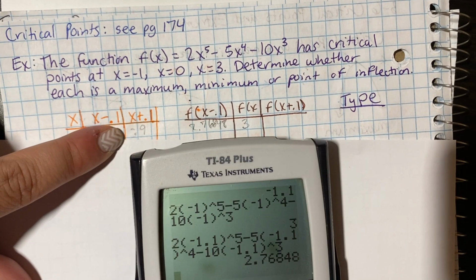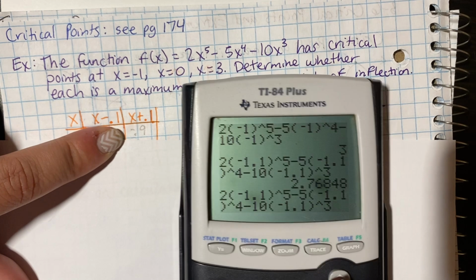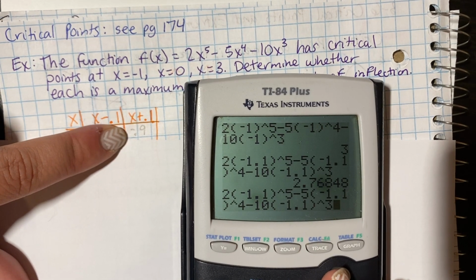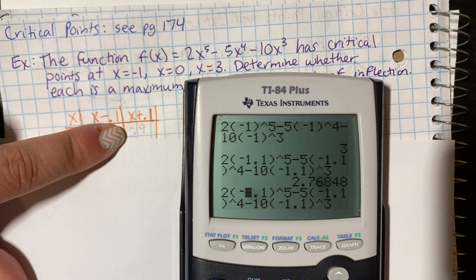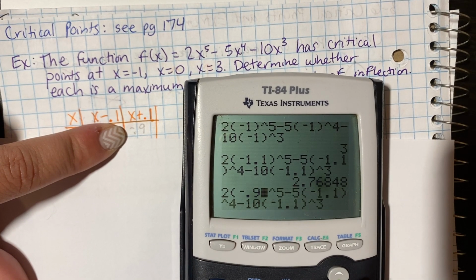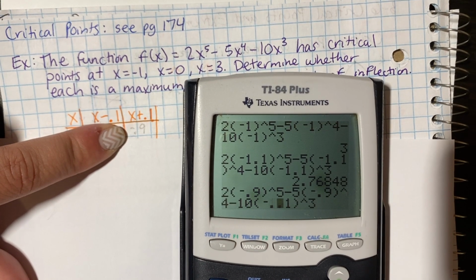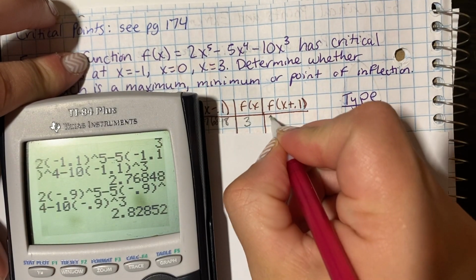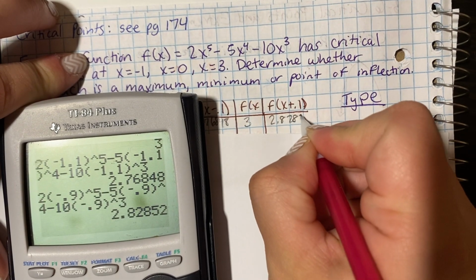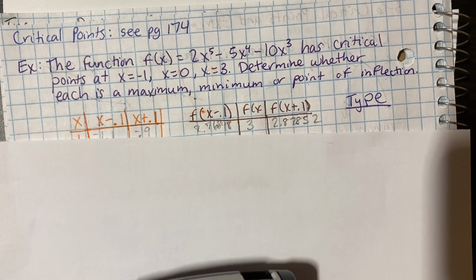Now I'm going to do second entry again, pull it up, and this time I'm going to plug in -0.9. Okay, so that is 2.82852. Sweet, we are done.